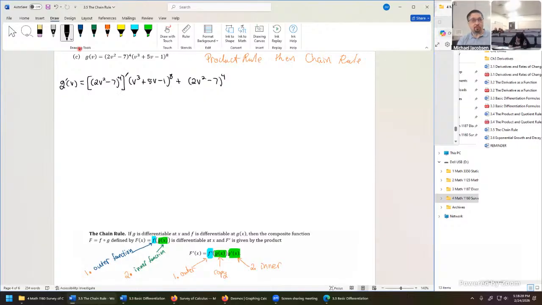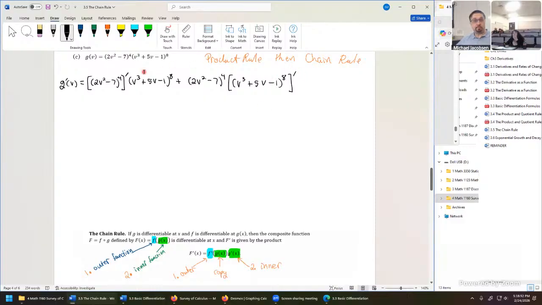Too many parentheses has a way to kind of get us lost in the weeds with these things. So derivative here, copy, then copy, and a new derivative here. So with a bracket to emphasize, v cubed plus 5v minus 1 to power 8 prime. So that's our product rule in its full glory.